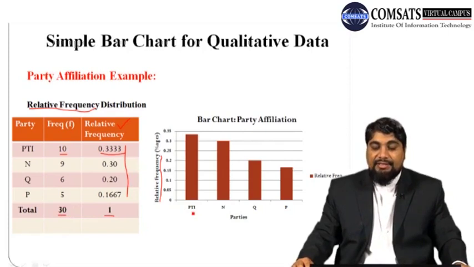On the x-axis just take the political parties, and on the y-axis the relative frequencies or the percentages.